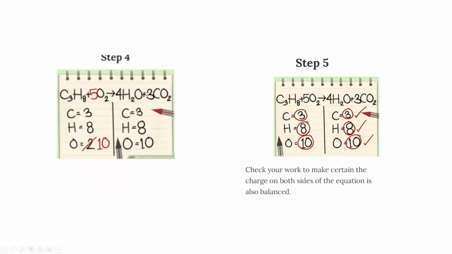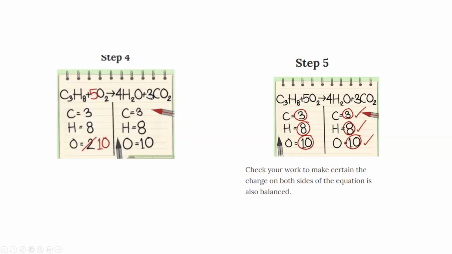Well, if you multiply the carbon dioxide by 3, you will have 3 atoms of carbon in the reactant and 3 atoms of carbon in the products.